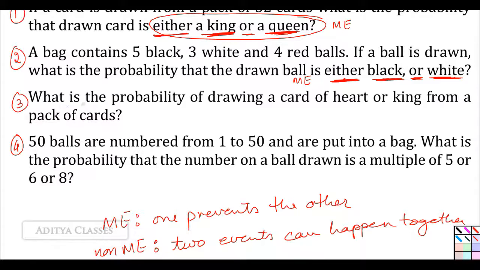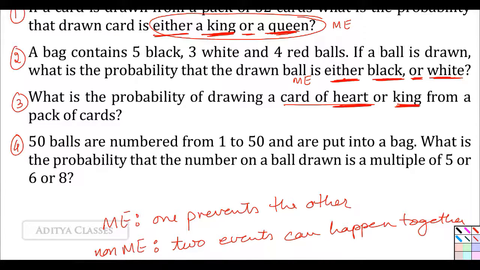Next, what is the probability of drawing a card of heart or king from a pack of cards? Now here we have a card of heart or king. So the card could be a heart or it could be a king. Is this a case of mutually exclusive or non-mutually exclusive? In simple words, can these two happen together or not?